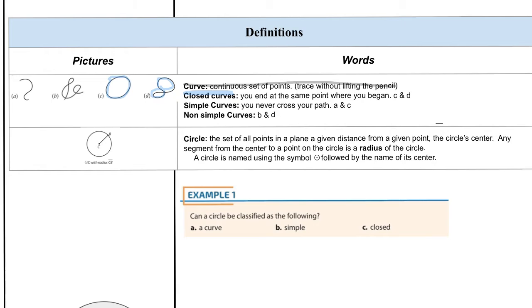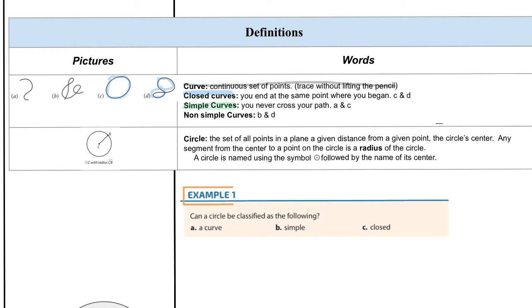Now, simple curves are a curve in which you will never recross your path. If you did the enrichment exercise from 1.5, you worked on this with polygonal figures instead of curved figures. But you're never going to cross your path again.